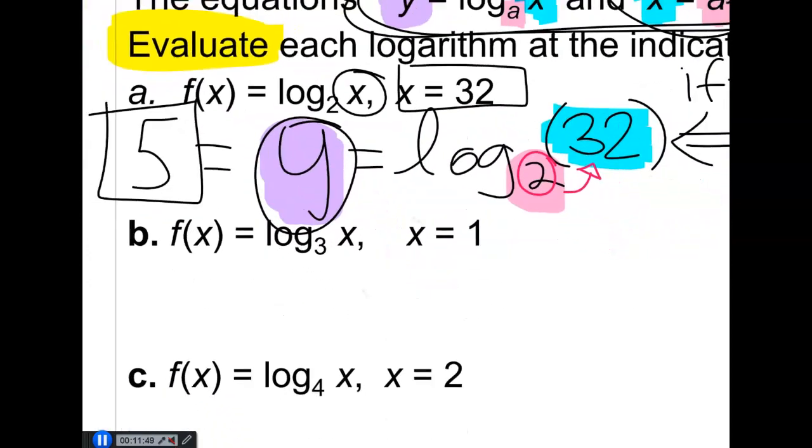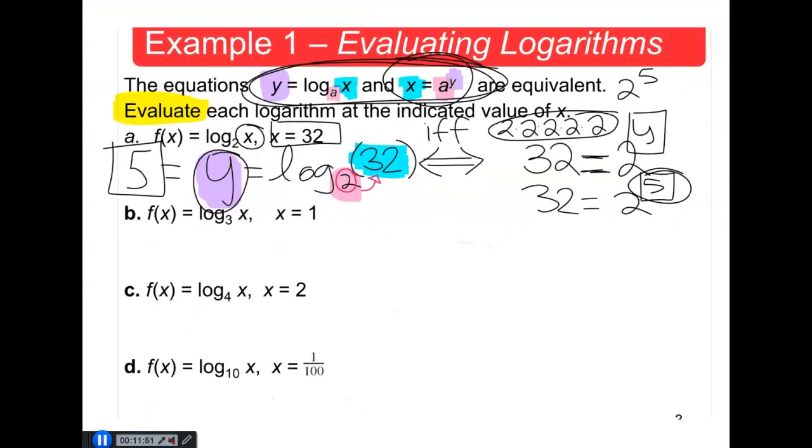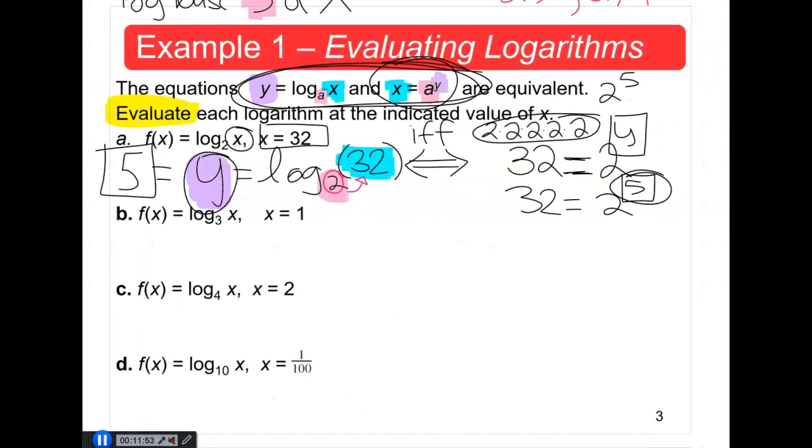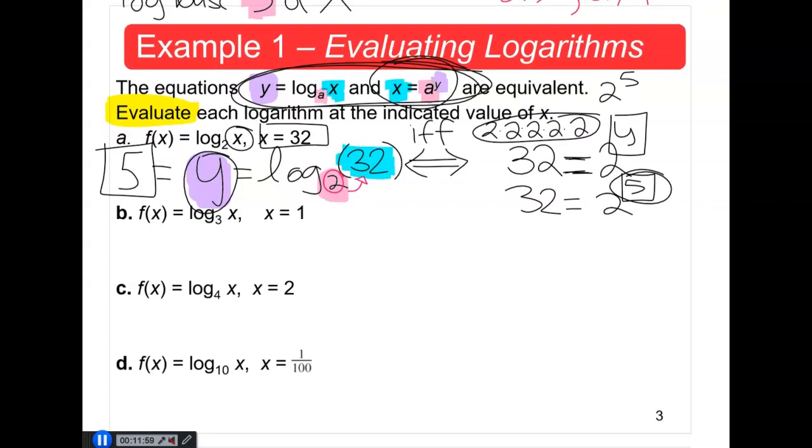Okay, so let's try to do another one by converting to exponential form. And so the very next one, we're going to have y, remember I'm just replacing f of x with y, is equal to log base 3 of, and now we're substituting x with the number 1.